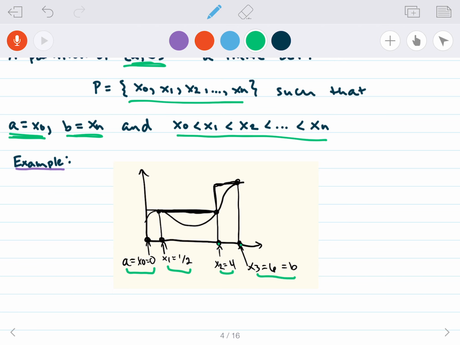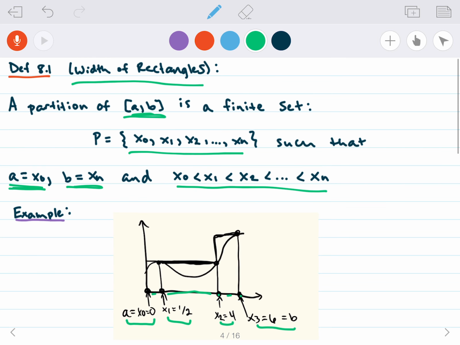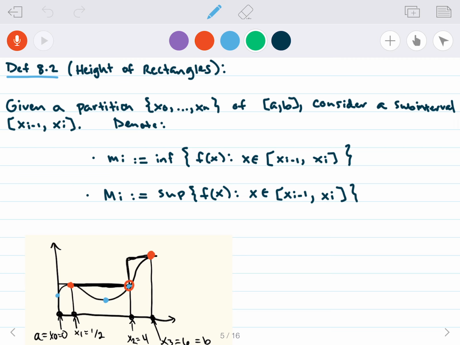And notice that, unlike what you're used to, the widths of these rectangles are different, and that's okay for the theory that we're going to develop here. Okay, so the height of the partition. Before, how did we look at height?